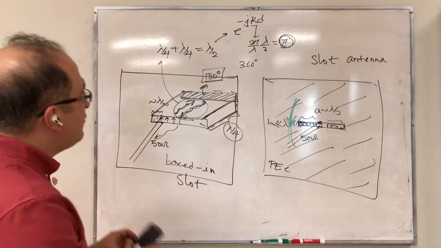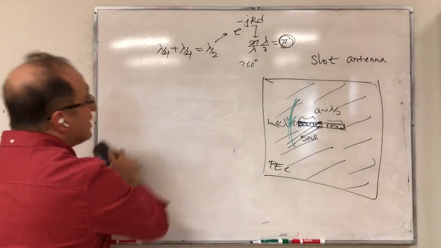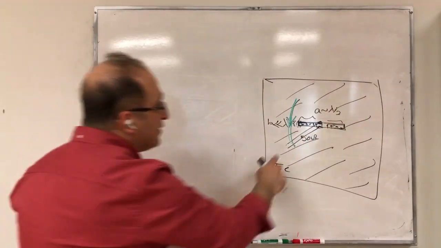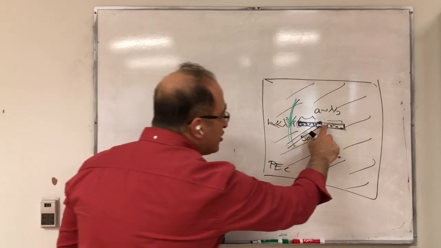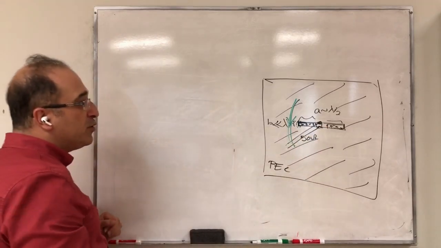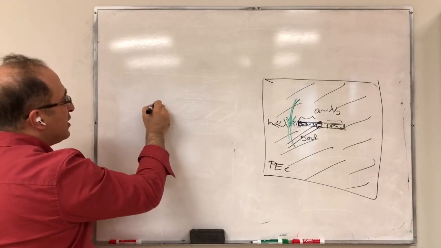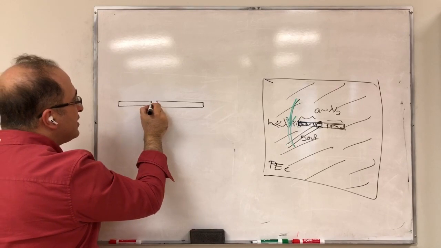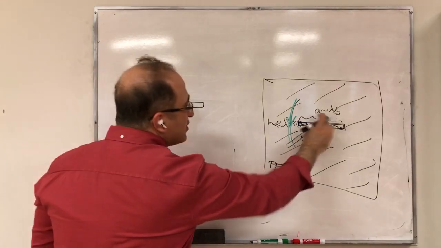So if we consider this antenna here and change the PEC to air and change the air in the slot to PEC, what's going to happen is that we're going to essentially have, imagine this is your excitation somewhere here.